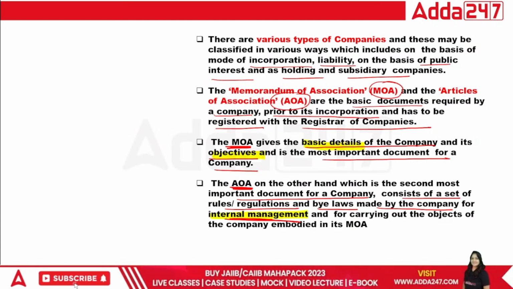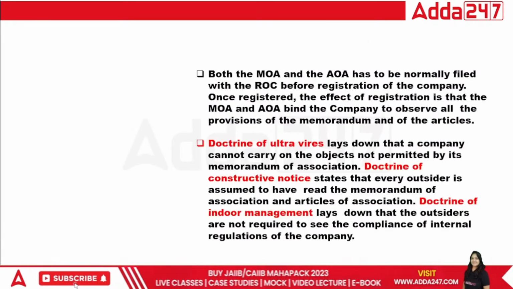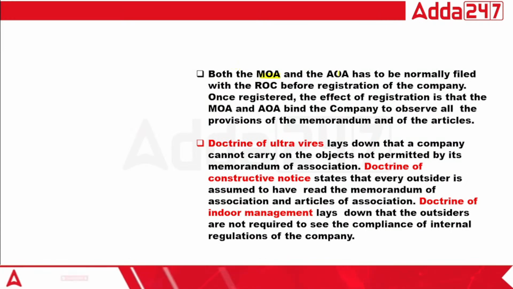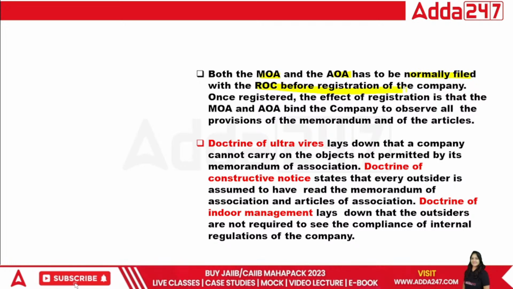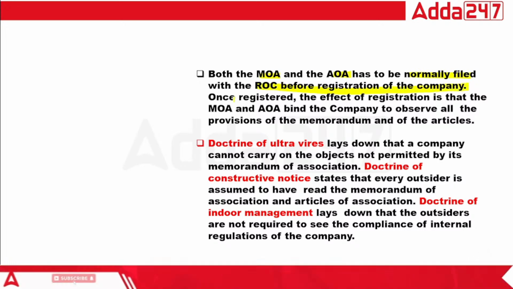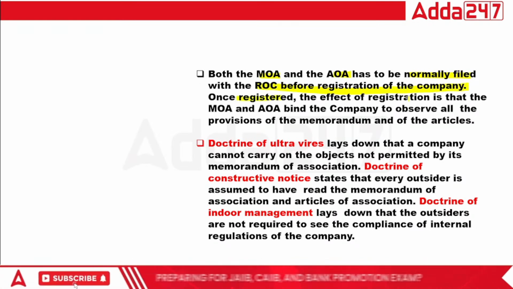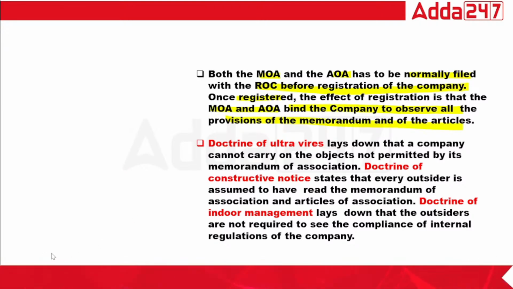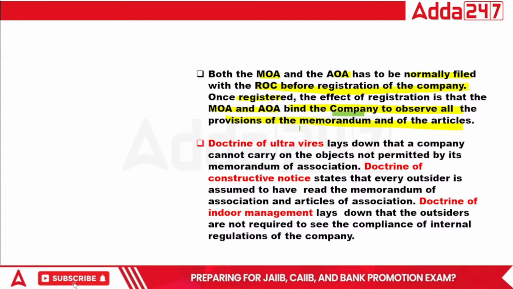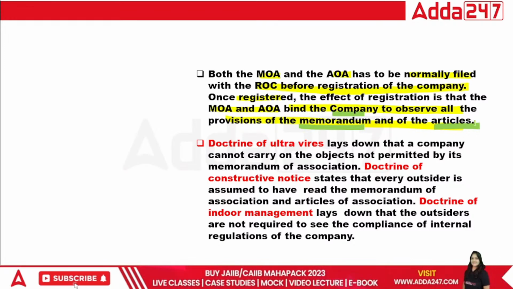Both MOA and AOA are normally filed with the Registrar of Companies before registration. Once registered, MOA and AOA bind the company to observe all the provisions of the memorandum and articles. It means the company has to follow whatever is written in the memorandum and articles of association.